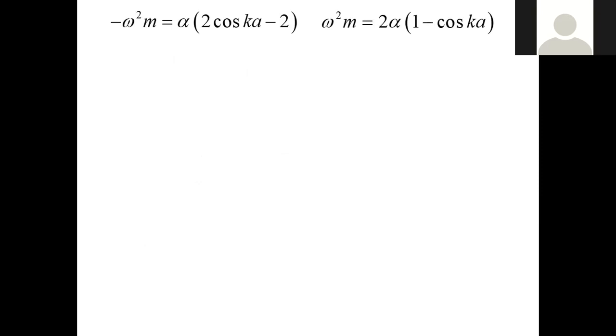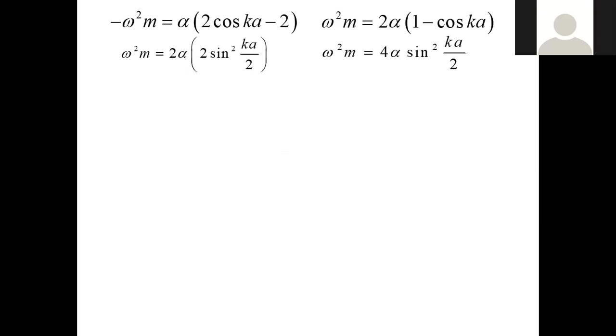So this is the expression for frequency omega, and after simplification, you know the formula: 1 minus cos theta is equal to 2 sine square theta by 2. The same thing we have written here.